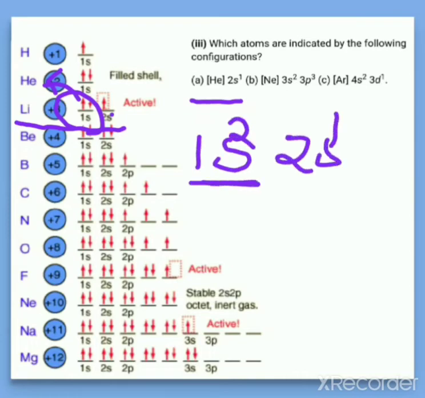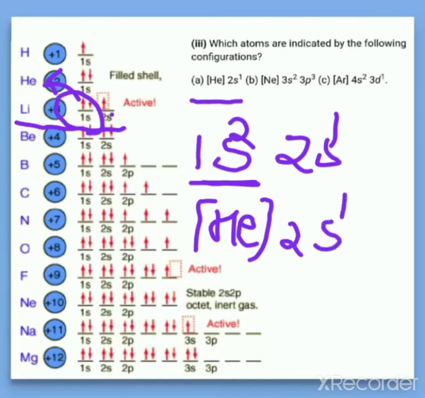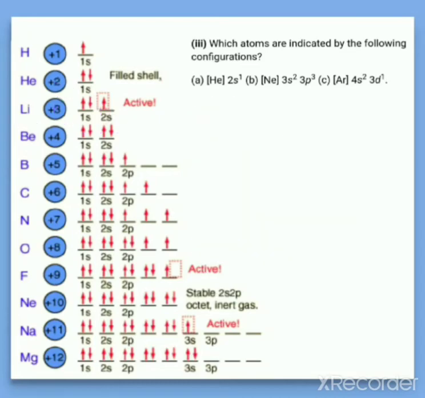So 1s2 can be written as helium because the configuration of helium is 1s2. So in short, we can write the electronic configuration in this way. This type of writing is more beneficial for elements which have a large number of electrons, that means greater atomic numbers.